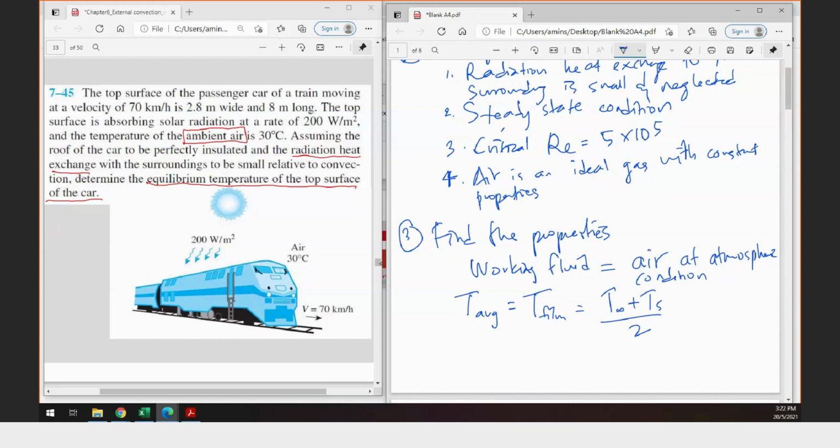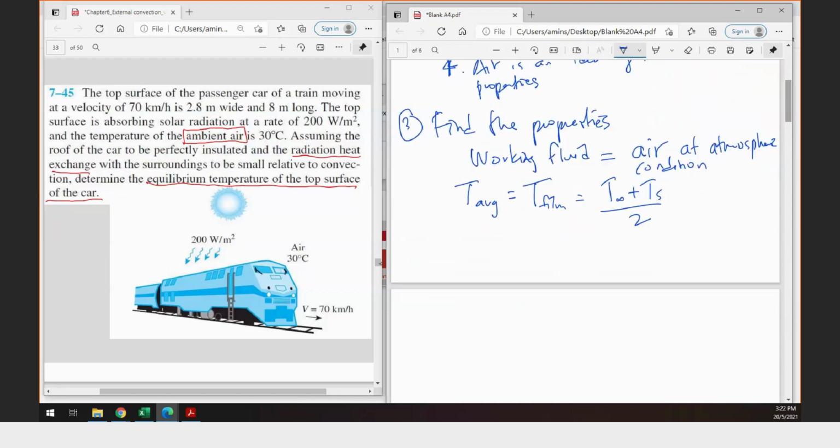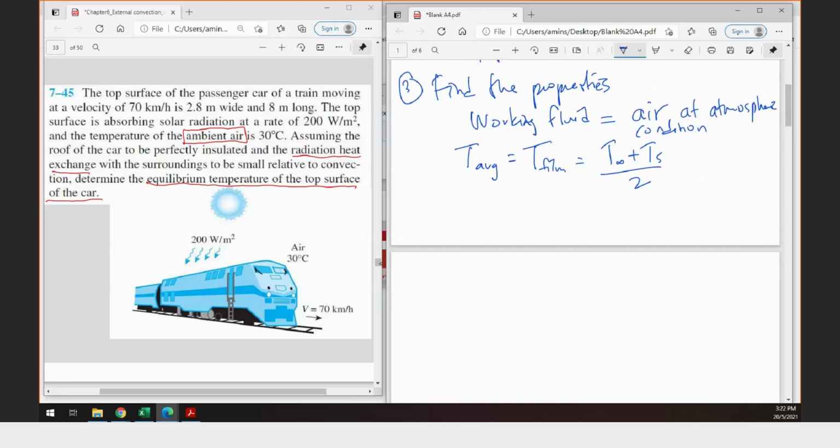So you need to find the TS, but you need it to estimate the average film temperature. So what is the TS value in this case? What is your approach? Because we want to find the TS, and at the same time use TS in estimating the average value, you need to put another assumption here.